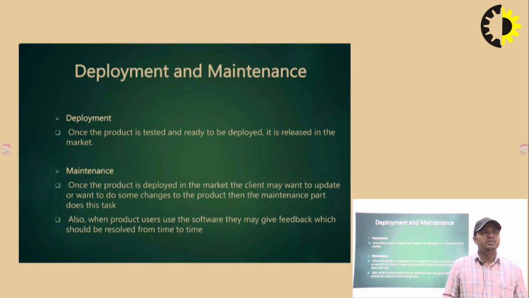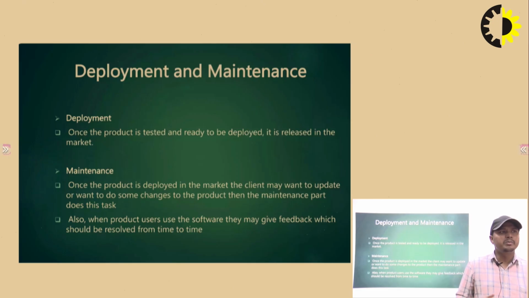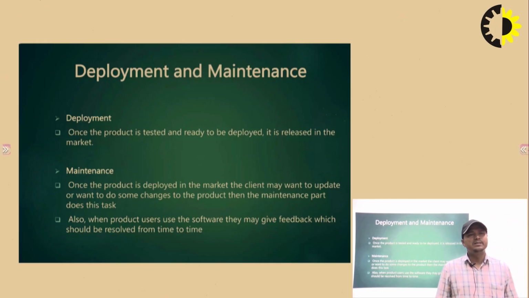And maintenance: once the product is deployed in the market, the client or user may want some changes and updates, and the maintenance part does this task. Also, when users use the software, they may give feedback which should be resolved from time to time. So this is what the maintenance team will do.